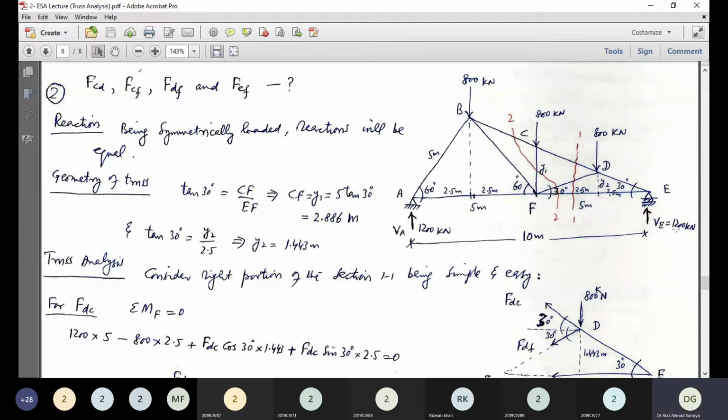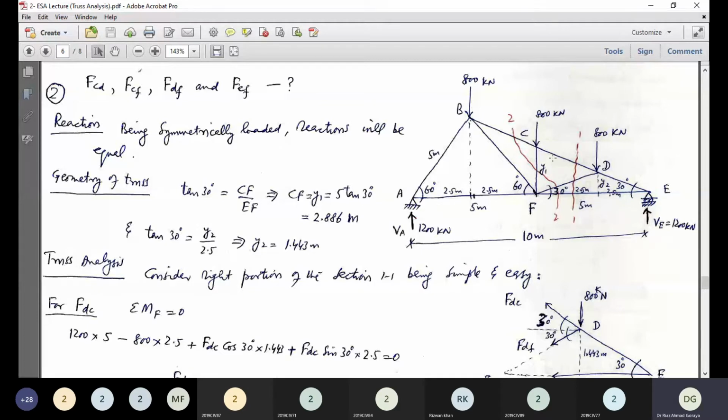next is the geometry of the truss. So this distance is given, this angle is given, and this angle is given. So 60, 60, and of course at B it will be again 60. So now it is required to determine y1 and y2, that is CF. So we can proceed that tan inverse, the tan 30, this angle tan 30, that is CF over EF.